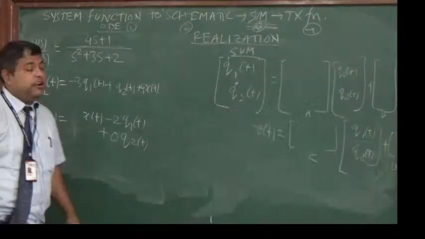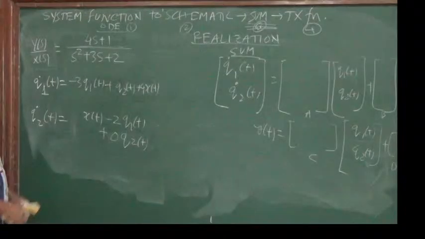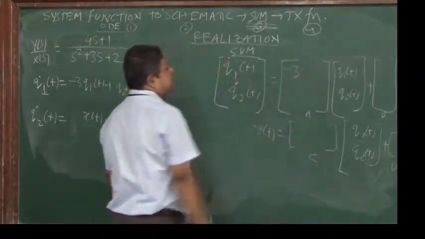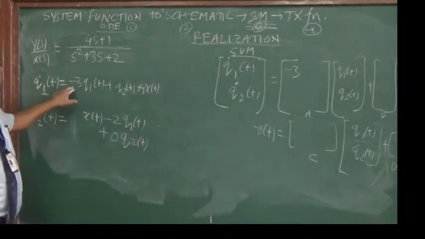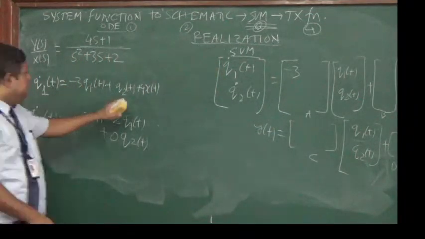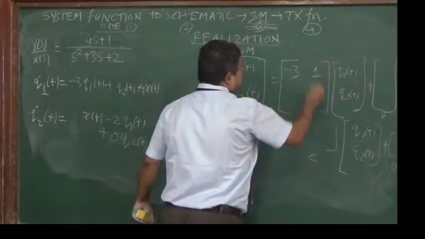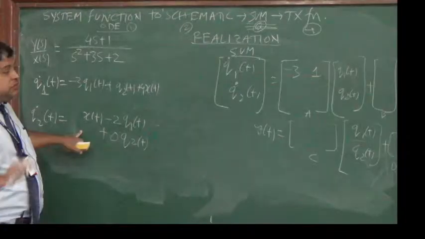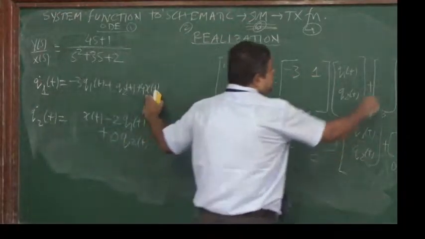How can I get the A matrix? Just check. q1 dot(t) is equal to how much of q1(t)? So this is minus 3. So q1 dot(t) is equal to minus 3 q1(t). How much of q2(t)? q2(t) is 1. How much of q3(t)? There is no q3, but how much of x(t)? So this will be 4.